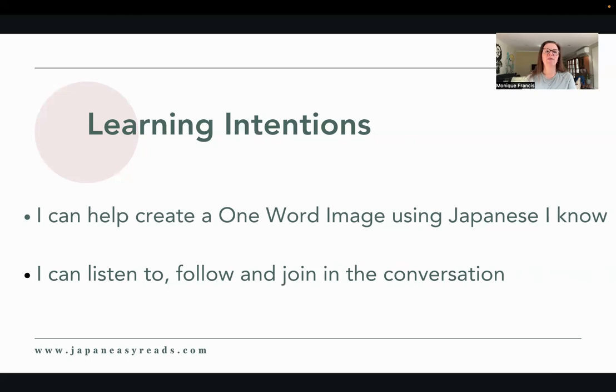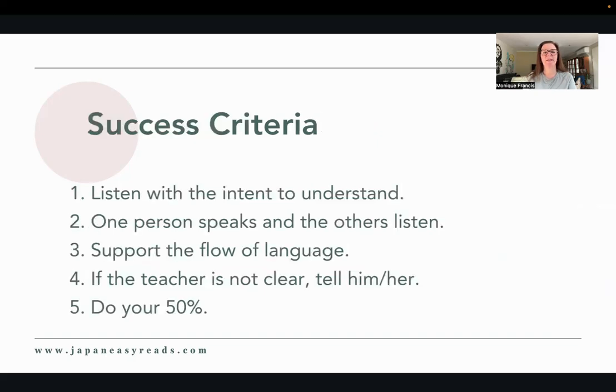It's not okay for them to zone out, to just sit back and let others in the class take charge. It's very much a shared co-creation. We'll talk about that in a little bit.